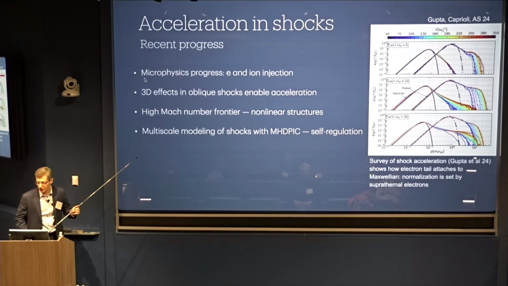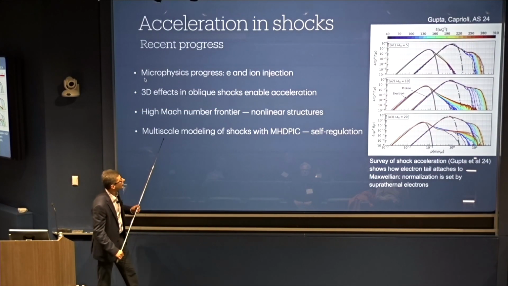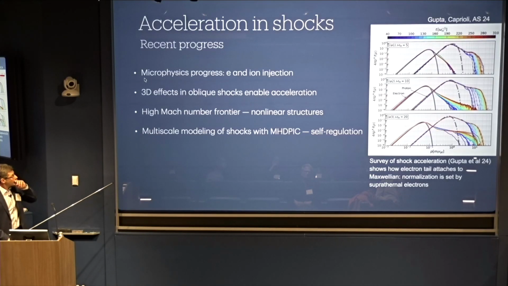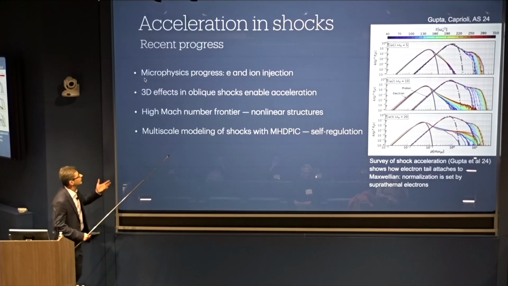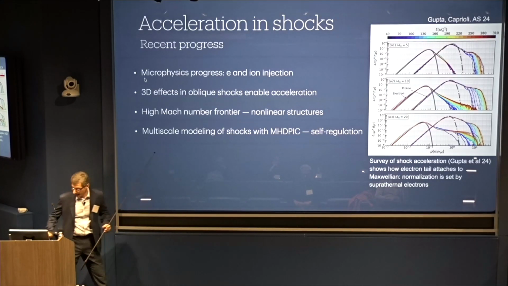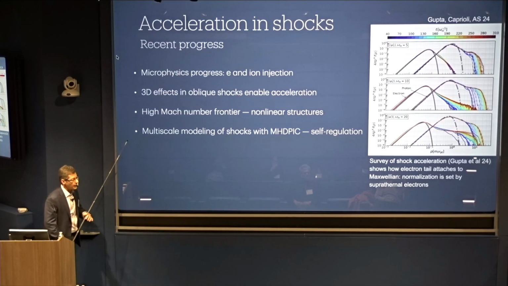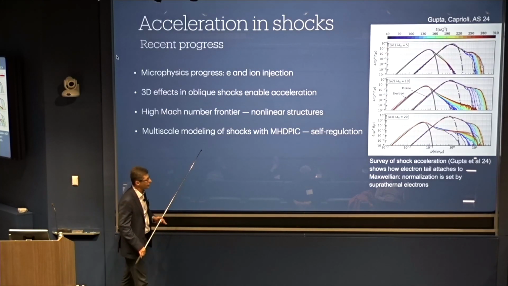So let me switch to the next topic, which is acceleration in shocks. Here, recent progress has been on understanding better the microphysics of the electron and ion injection into the acceleration process.